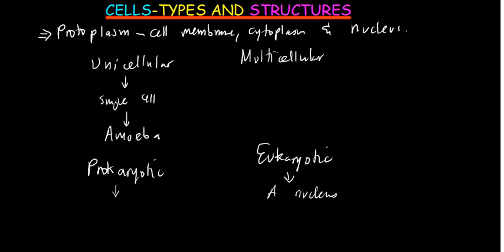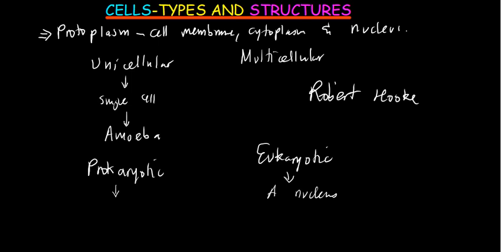Prokaryotic cells are the earliest known cells. When you're studying biology, we believe that cells were discovered by Robert Hooke.